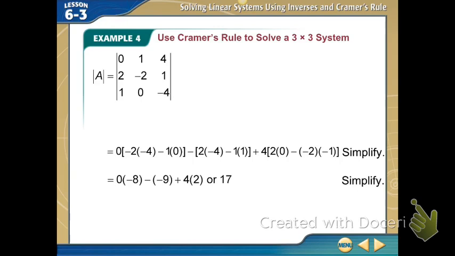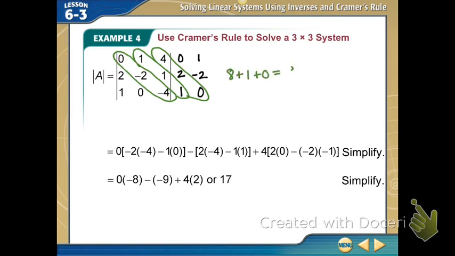So let's find the determinant of this matrix. One of the things that we did to solve for determinants was we rewrote the coefficients from the first two columns. Then we took this product, and this product. So that's 8 plus 1 plus 0, which is 9. And then we found this product, and this product.